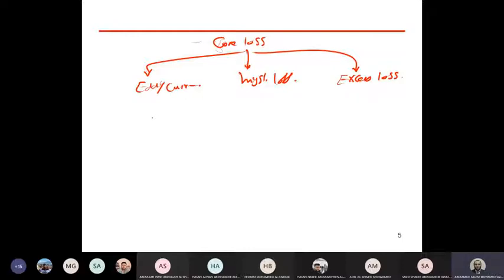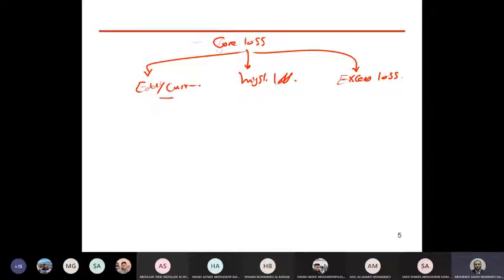Because the flux is AC, and this flux is cutting a material, it is expected to generate EMF within this material and start a current flowing. This current is called eddy current. This eddy current will cause losses in the core itself, like any current causing copper loss in a resistance. So this is called eddy current loss.